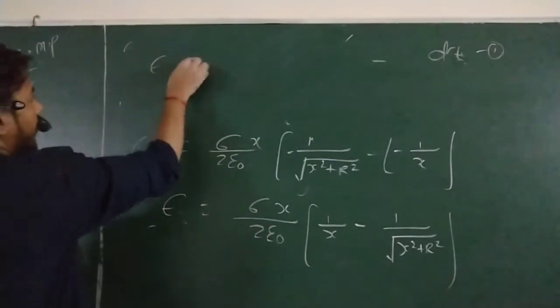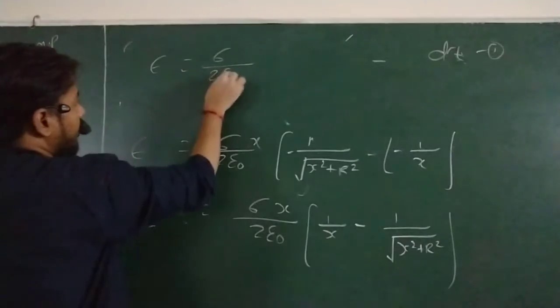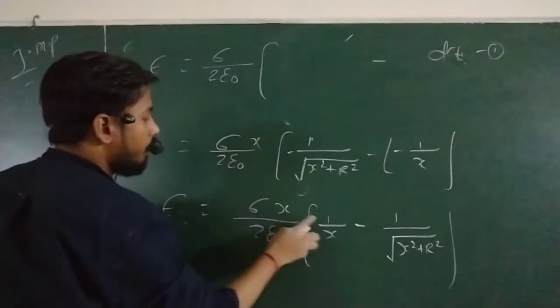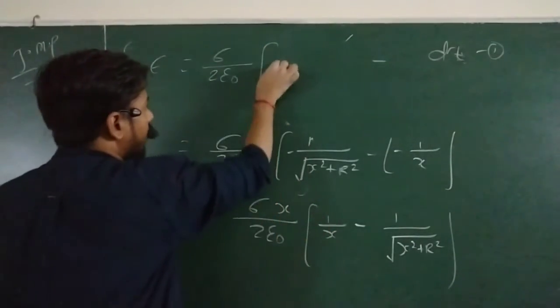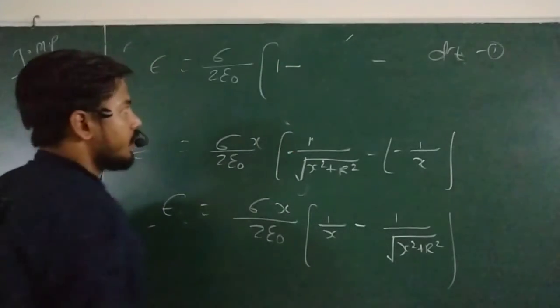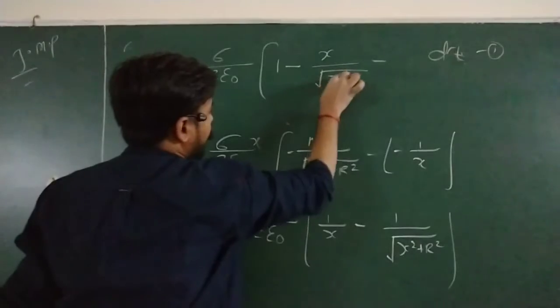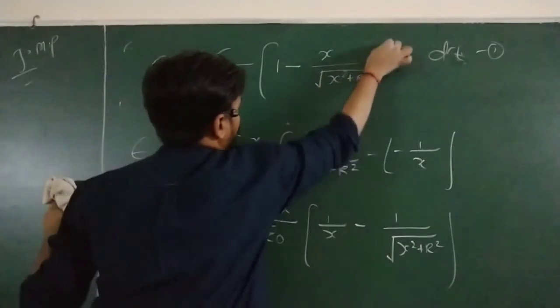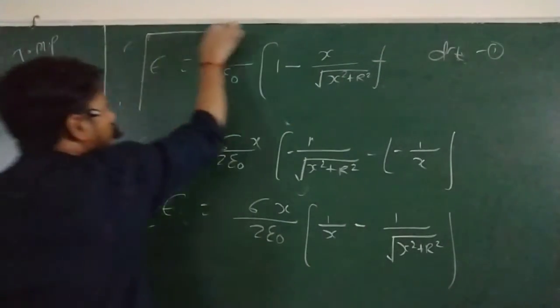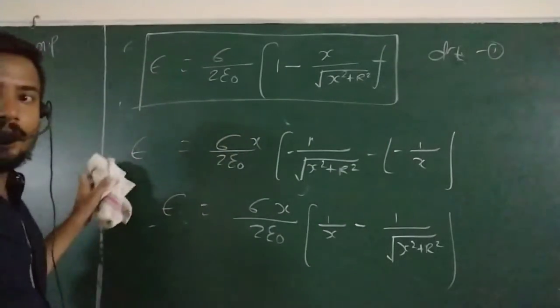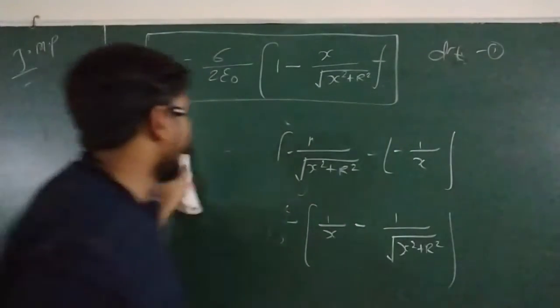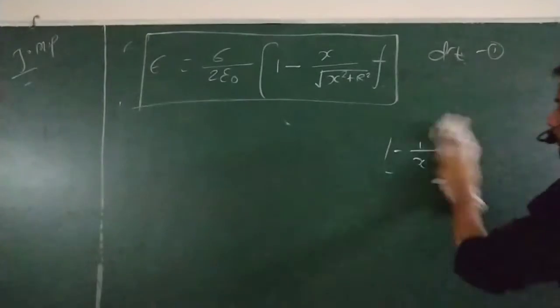So E will be, my dear, sigma by 2 epsilon 0. If we multiply, x by x becomes 1 minus x by under root x square plus r square. So this is the electric field due to disk. My dear, this is the electric field due to disk.